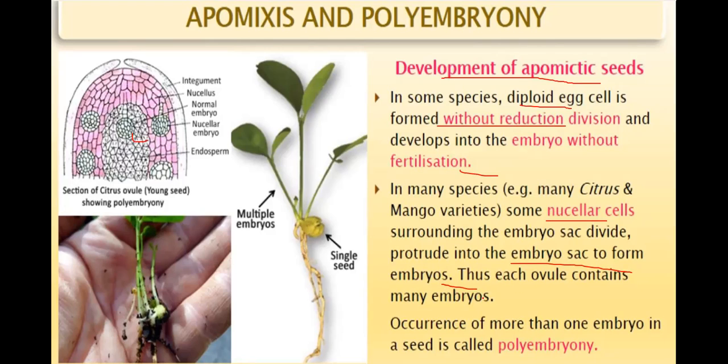Thus, each ovule contains many embryos. The occurrence of more than one embryo in a seed is called polyembryony. So in one seed there are many embryos, 1, 2, 3, 4. That is called polyembryony. Polyembryony is reported in citrus and mango.